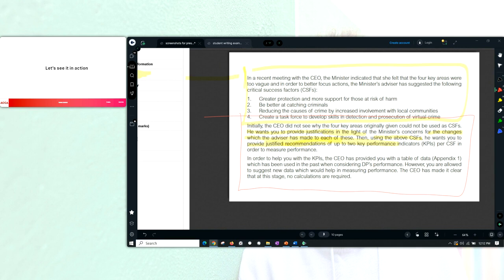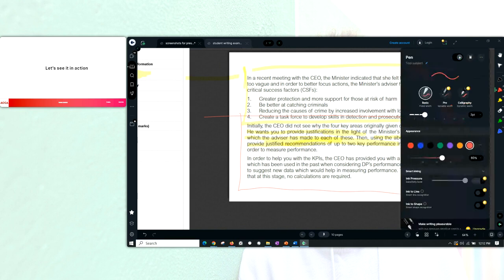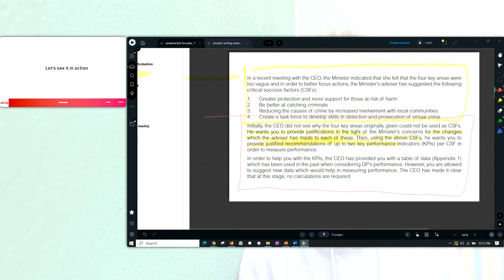Now, the next step, once we find these embedded tasks, as I just showed you, we've got to now hone in on the verbs. You guys, the verbs are critical. So what did we find? Provide justifications for the changes. Then we need to provide justified recommendations for up to 2 KPIs.